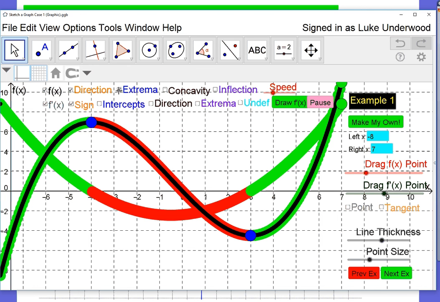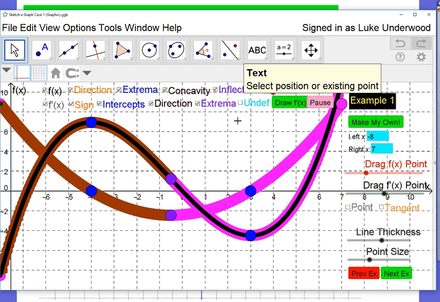We can see that wherever the graph of the original has extrema, the graph of the derivative will have x-intercepts. We can further see that the concavity of the original determines where the derivative decreases when it's concave down and increases when it's concave up. We can also see that a point of inflection for the original will determine an extrema point for the derivative.